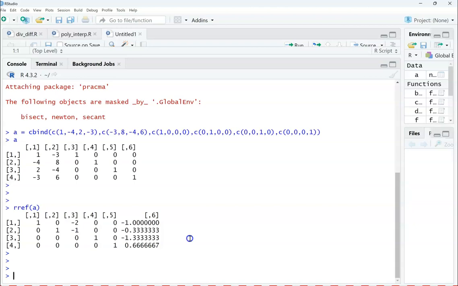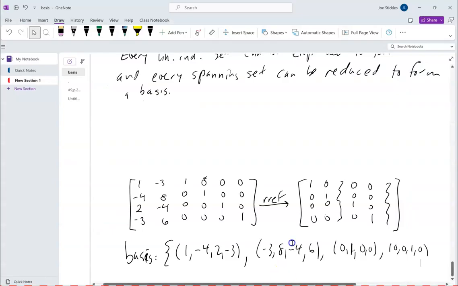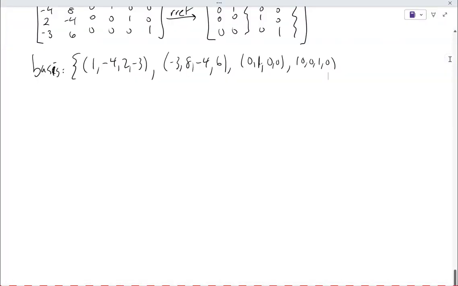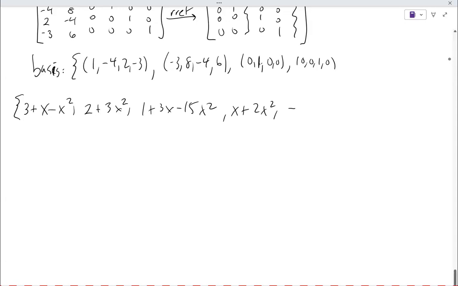All right. Let's do the last one. The last one, it asks you to find a subset of those vectors. 3 plus x minus x squared, 2 plus 3x squared, 1 plus 3x minus 15x squared, x plus 2x squared, -3x plus 9x squared.